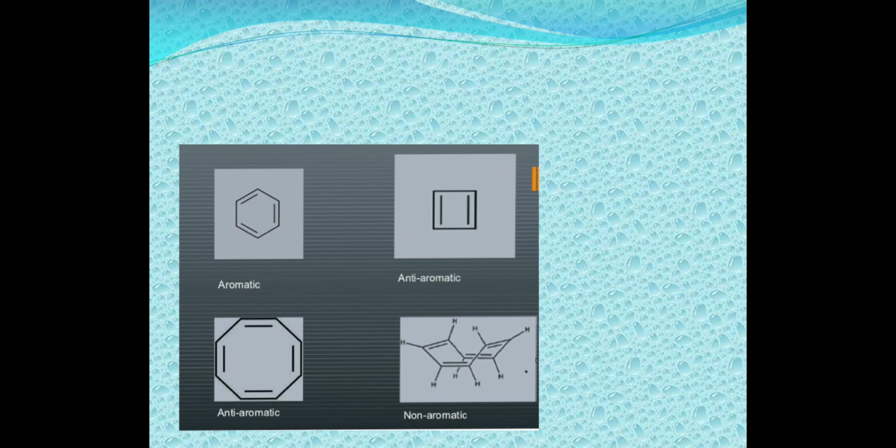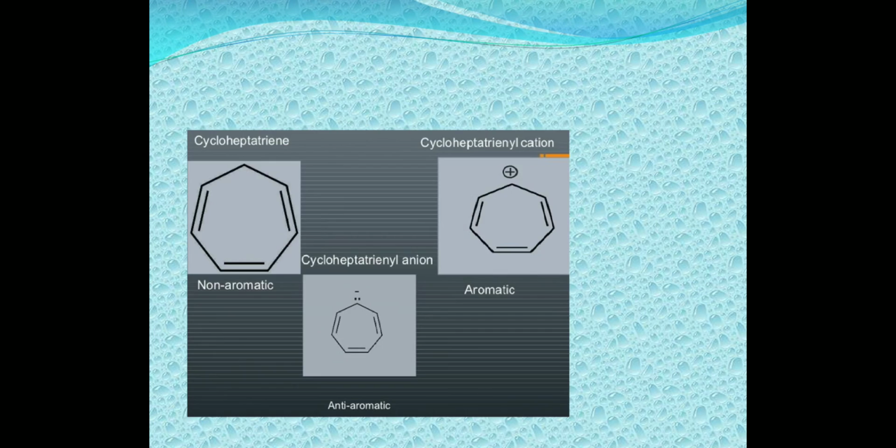It has been proved by experiments that cyclooctatetraene is not planar, it is tub-shaped. That is why, in spite of having 8 pi electrons, it is non-aromatic and behaves like a conjugated polyene.